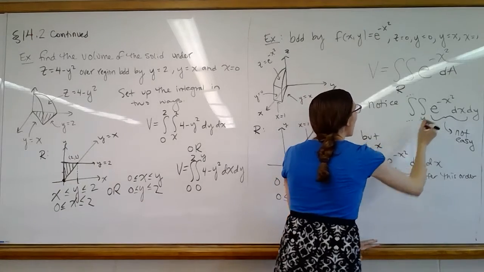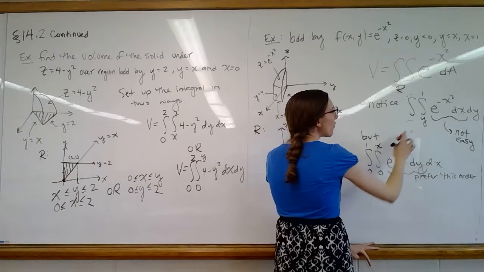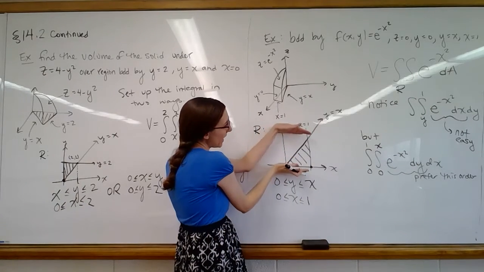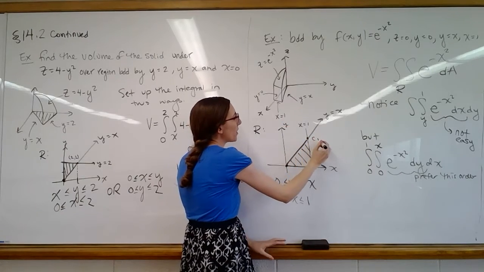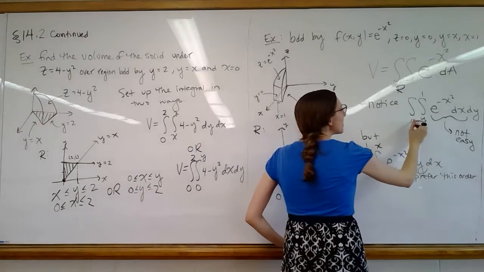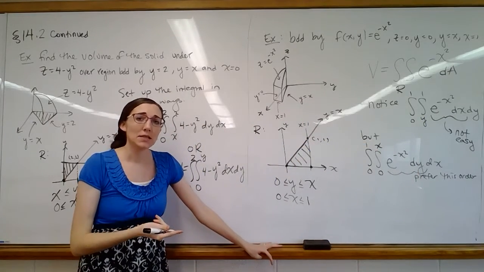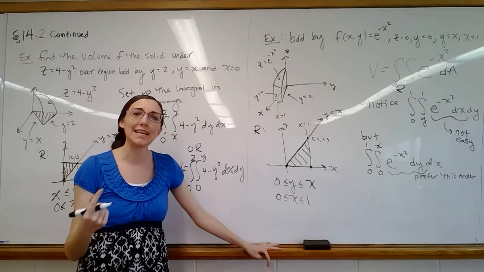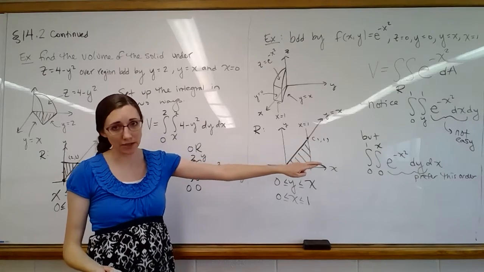We would start at y and then go over to 1. So we would go from y to 1 for x, and then on the y-axis, we would go from 0 up to the point 0, 1. So those would be the x dx dy bounds, but we're just not choosing it. It's hard to integrate, so we're going to choose something that's easier to integrate.